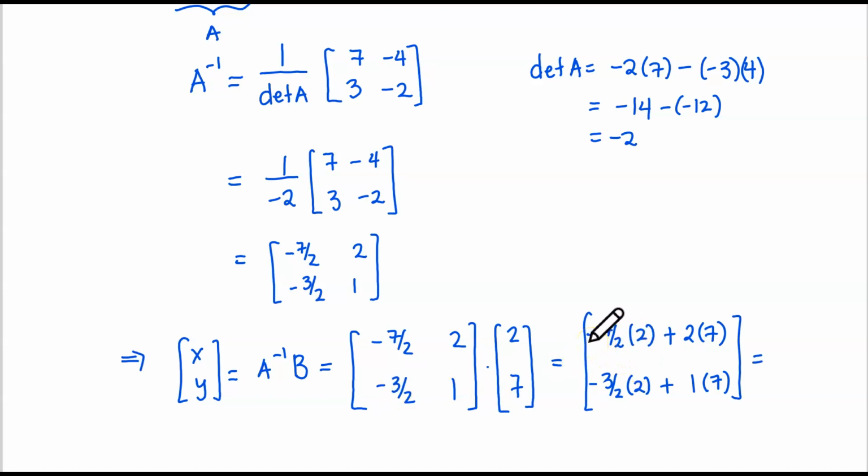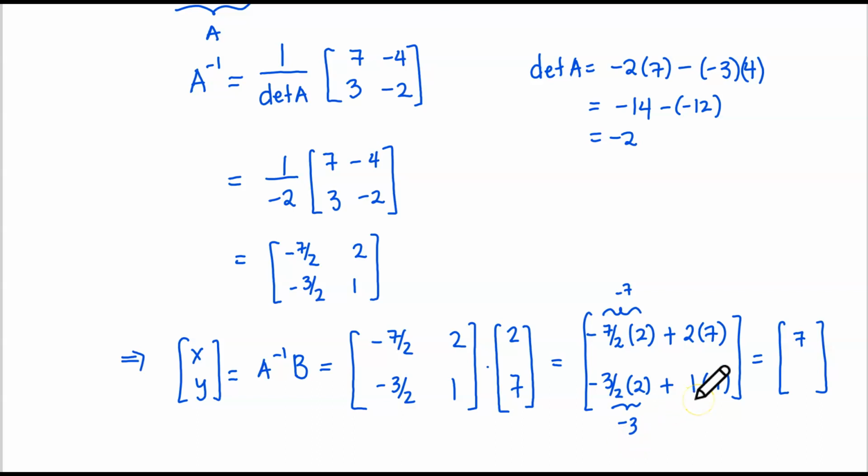So negative 7 over 2 times 2 is equal to negative 7. So negative 7 plus 14, since 2 times 7 is 14, gives you 7. And then here, negative 3 halves times 2 is equal to negative 3. Negative 3 plus 1 times 7, which is 7.